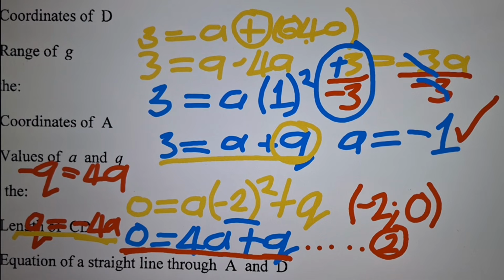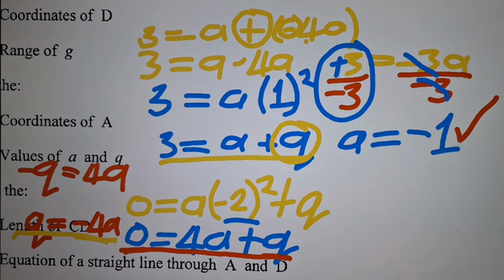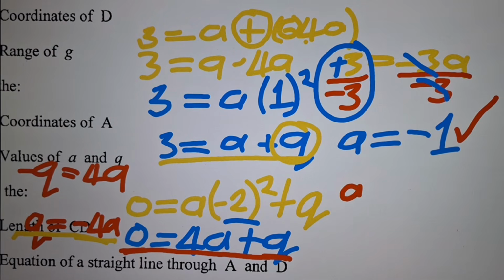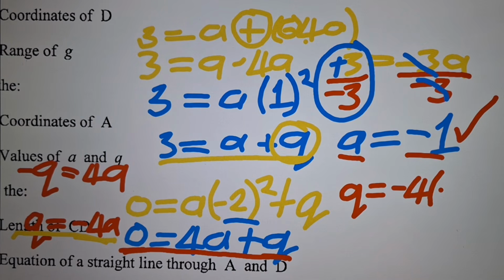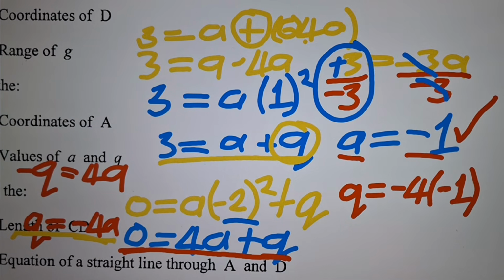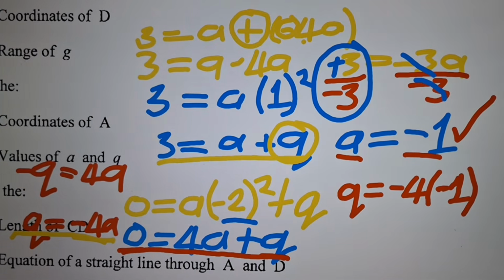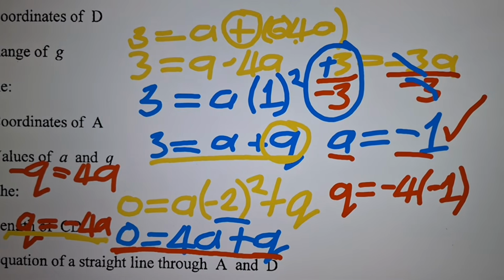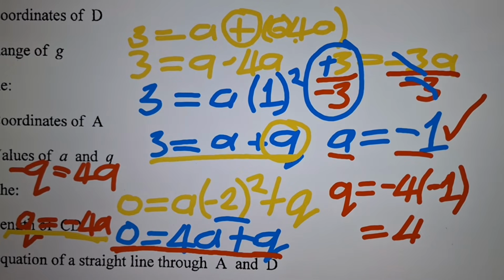So q is equal to negative 4, and in the place of a, since it's equal to negative 1, I substitute negative 1, because a is equal to negative 1. Then negative 4 times negative 1 gives a positive 4, meaning q is equal to 4. This is the answer.